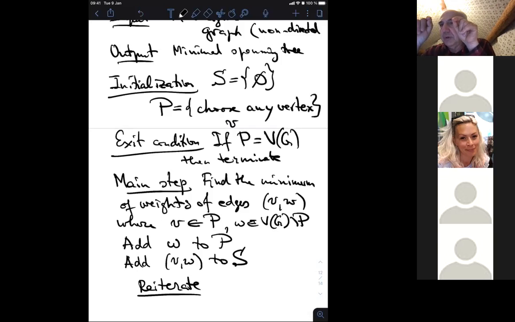Now we'll be looking again, what is the minimal length of edge connecting these two vertices to the complement, adding it to our collection of chosen vertices and edges, and continuing. And once we hit all the vertices, we are done.